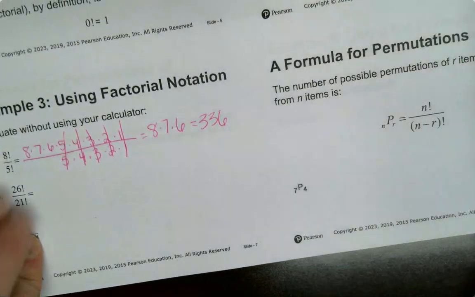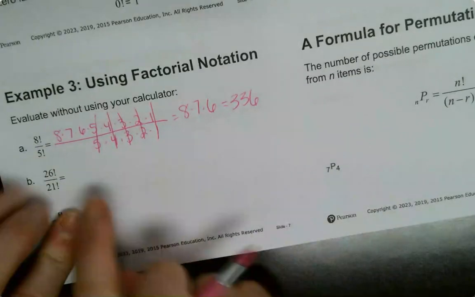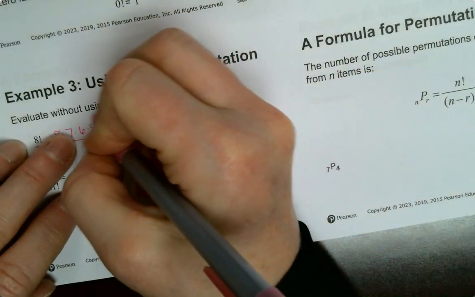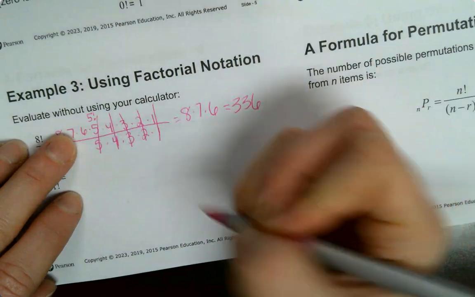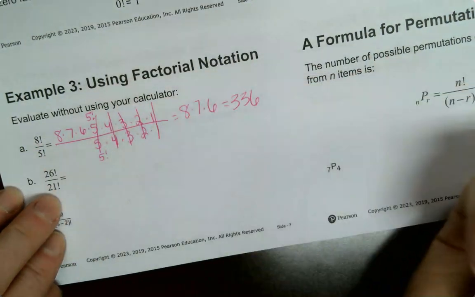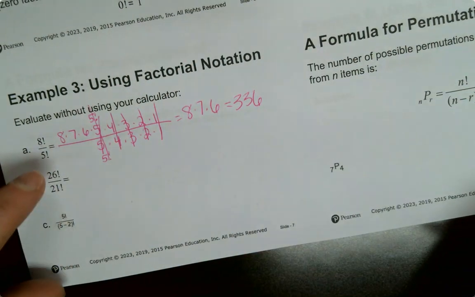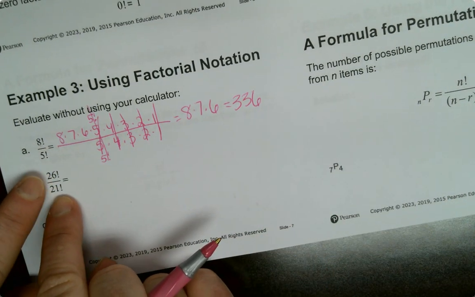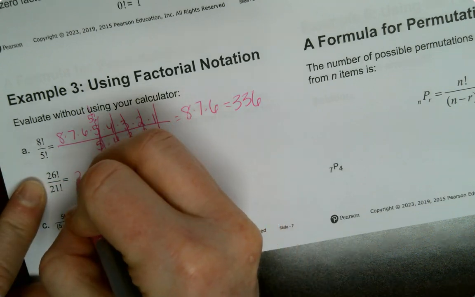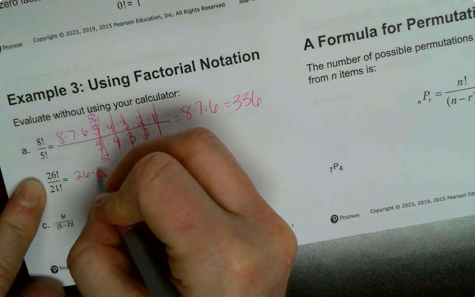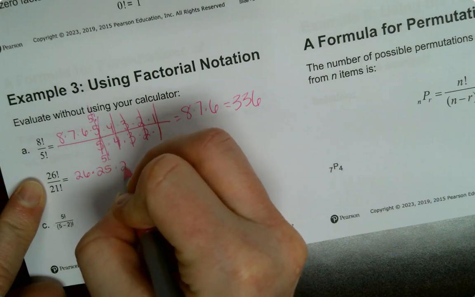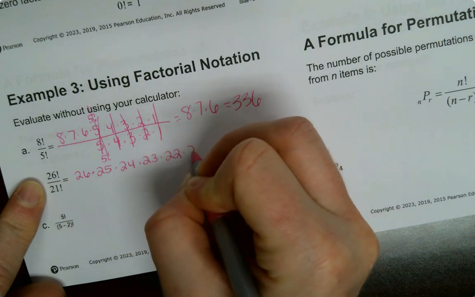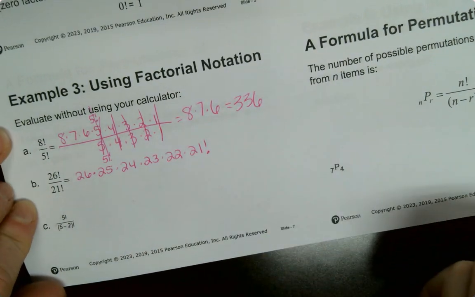Another way that we could do this, and we'll do it on this next one, is instead of writing 5 times 4 and so on, I could have written 5 factorial here and left the bottom as 5 factorial and then just marked those out instead of listing all of those. So that's what I'm going to do on this one. I'm going to write my numbers all the way down to 21, and put a 21 factorial there.